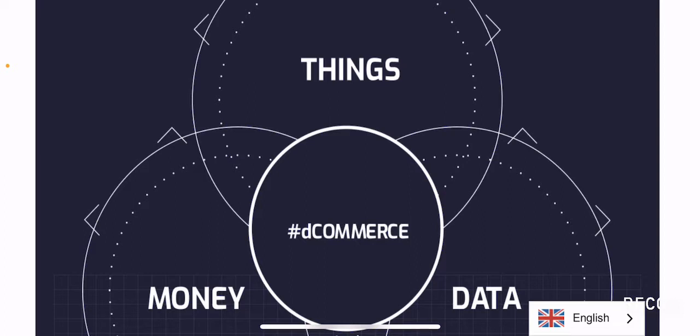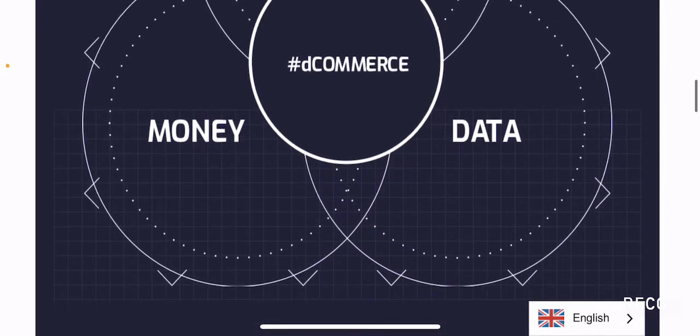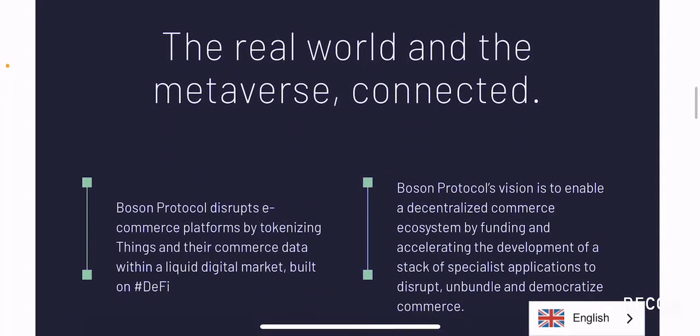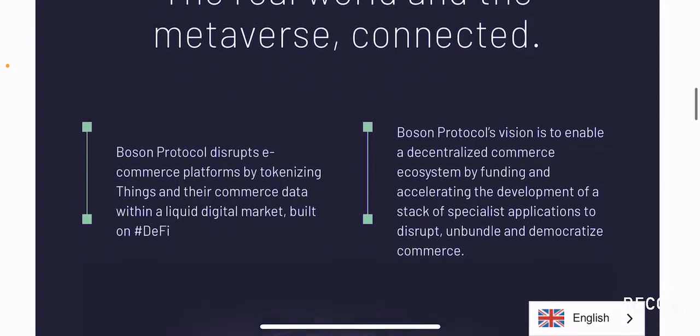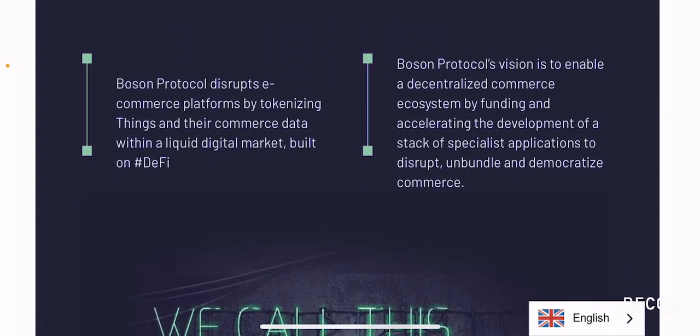Even though it's still very early in the cryptocurrency space, real life use cases are very hard to come by, because these three circles don't really overlap, and that's why e-commerce, or in this case D-commerce, is not really happening, right? But Boson protocol aims to solve this, the real world and the metaverse connected. So Boson protocol aims to connect the real world with the metaverse, and that's how it's going to address this challenge that we discussed right now.